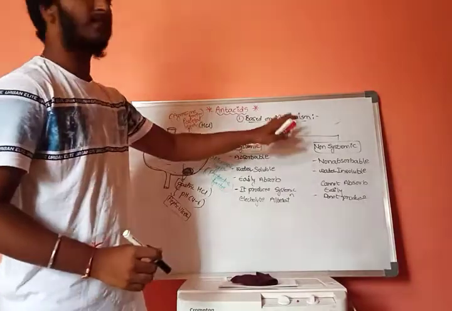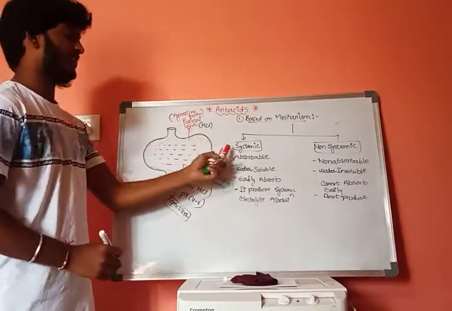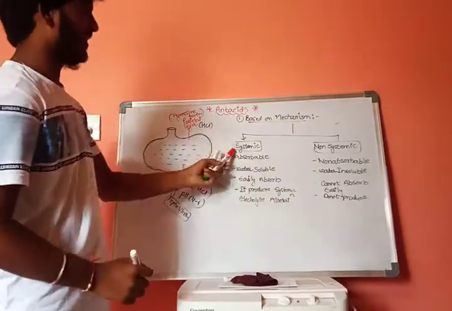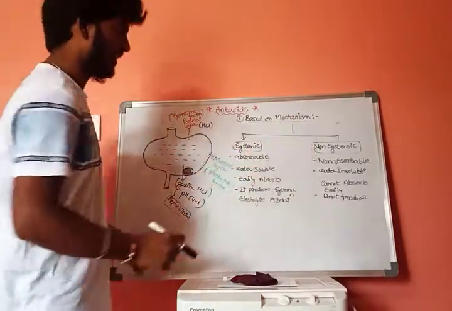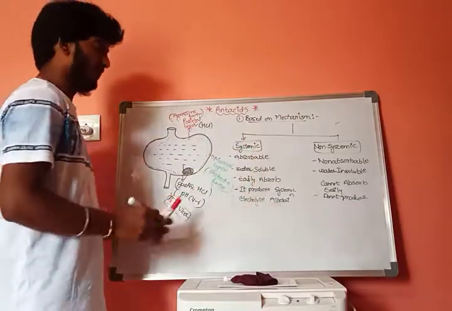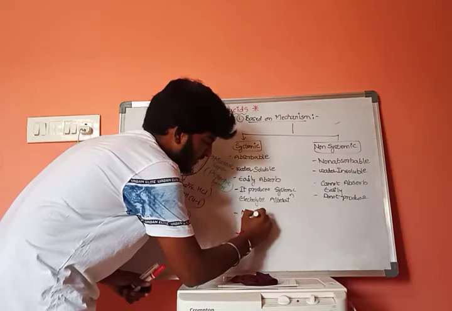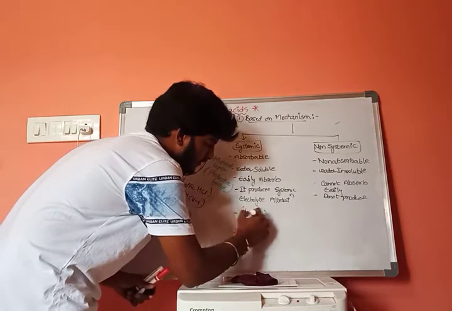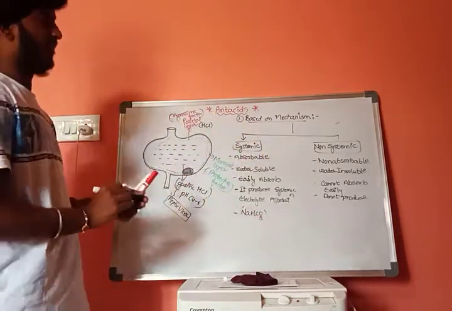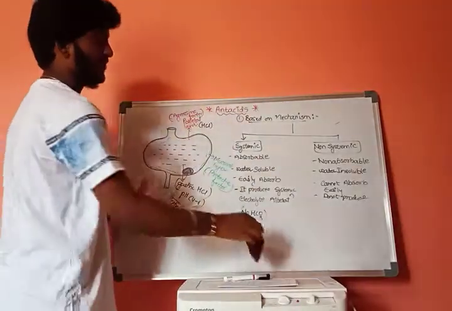These are based on the first category, that is, based on mechanism. These are classified into two types. One is systemic antacid and another one is non-systemic antacid. And these are the differences between these two. The example for this is sodium bicarbonate. That is sodium bicarbonate, and this is about the first type.